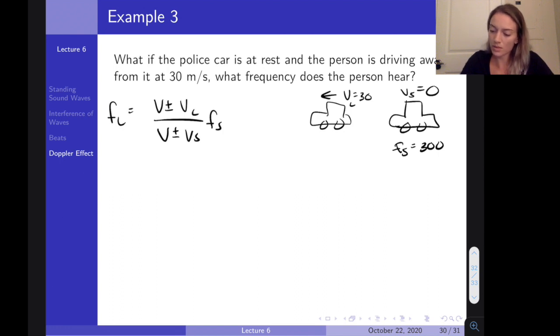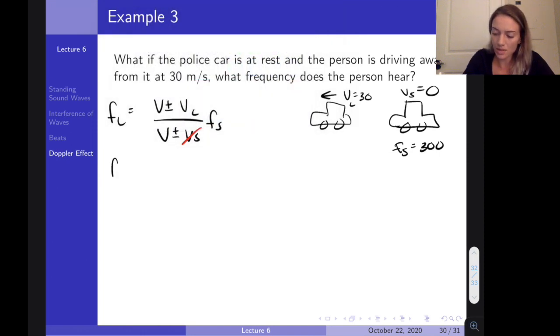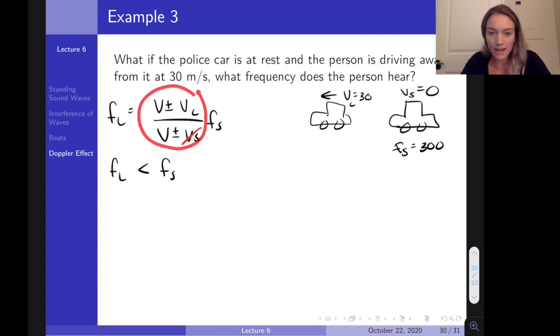Okay, so now we know right away that our V source is 0, right? And again, we expect FL to be less than FS, right? The frequency that our listener hears is going to be less than the frequency of the source because he's moving away from the source. So that means we need this sign here to be negative, right? Because we want this factor to be less than 1 so that FL can be less than FS. So that means we need to subtract our VL.